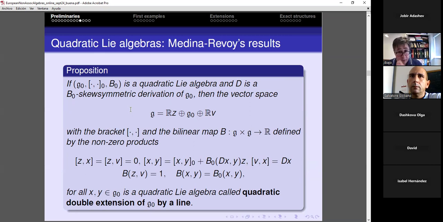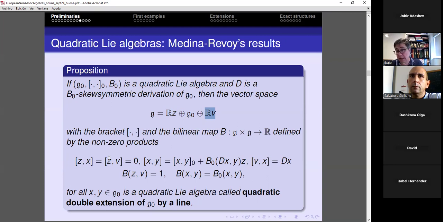And that method is called quadratic double extension, because actually one starts with a quadratic Lie algebra D0, and then one does two extensions. First, one does a central extension, and then one takes a semi-direct product by a certain derivation.